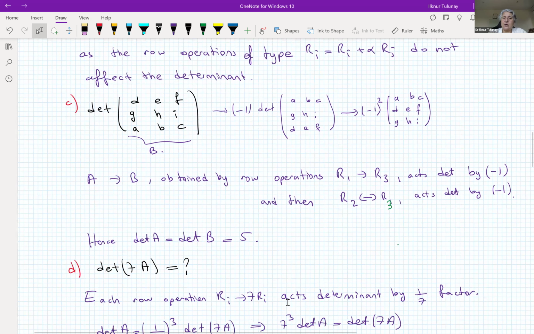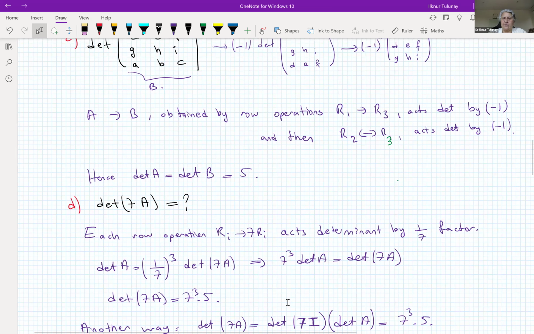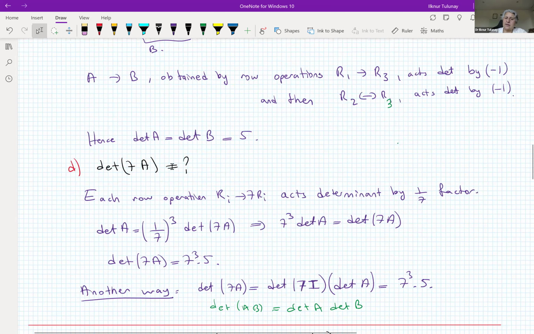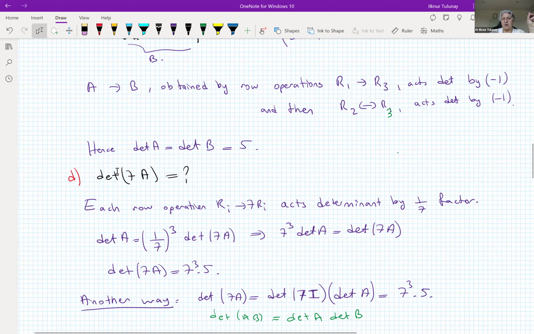How about the determinant of 7A? For this case, 7 is the scalar and A is the matrix. When you multiply a scalar with the matrix, you multiply that scalar with every element in the matrix.